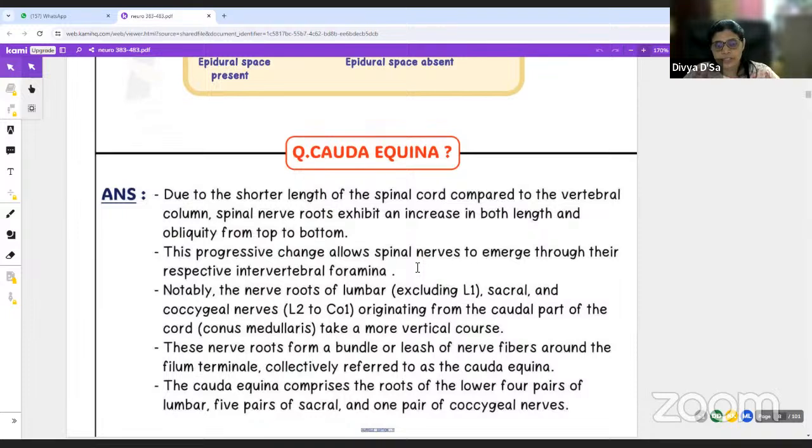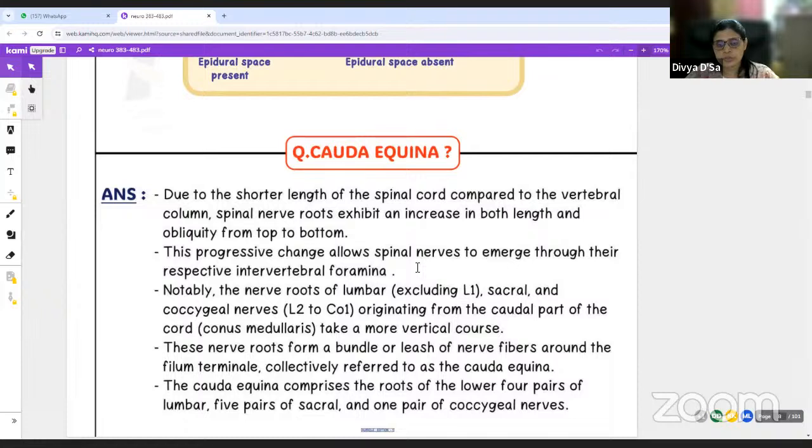The progressive change allows the spinal nerves to emerge through their respective intervertebral foramina. The nerve roots of the lumbar, sacral, and coccygeal nerves originating from the caudal part of the spinal cord take a more vertical course.